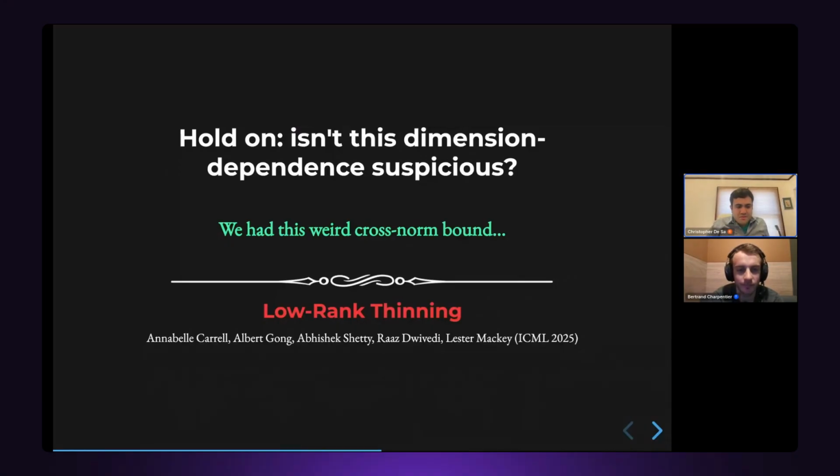So this great paper by Annabelle Carrell out of Lester Mackey's group has basically shown that via a low-rank kernel thinning algorithm, you can practically replace that annoying cross-norm dependence with a much more tractable data-dependent measure that in practice typically translates to almost no overhead at all. And you can basically eliminate this and make the algorithm work just as well and have really nice theoretical guarantees. So this is a really cool improvement.